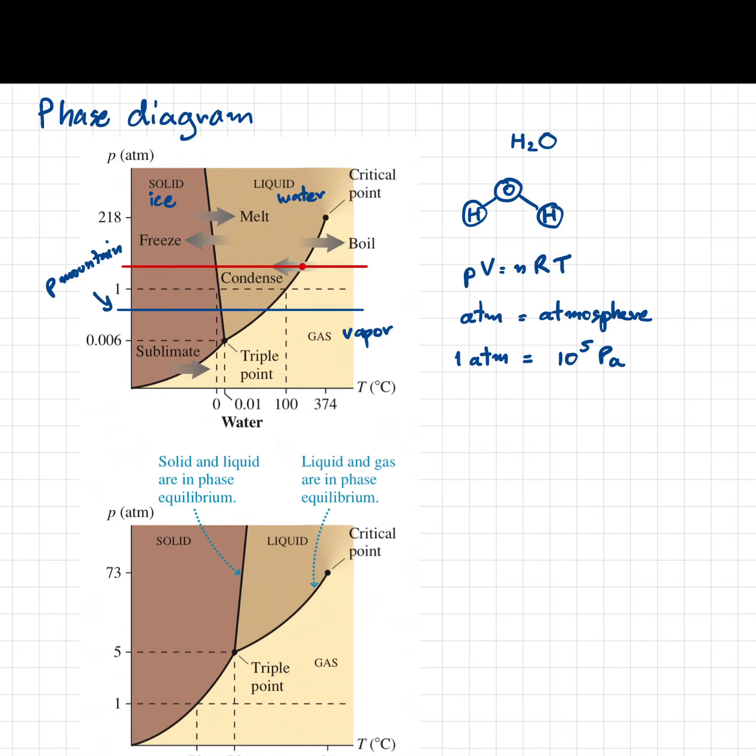So that means you can cook stuff at higher temperature, because remember that until all the water boils, you're going to be stuck at boiling point. Right? That's what happens at the phase transition: the temperature will not change until everything changes to the new phase. Then temperature can increase again.